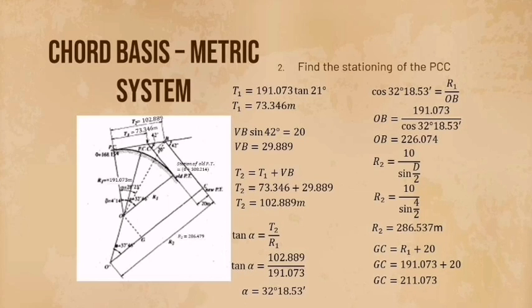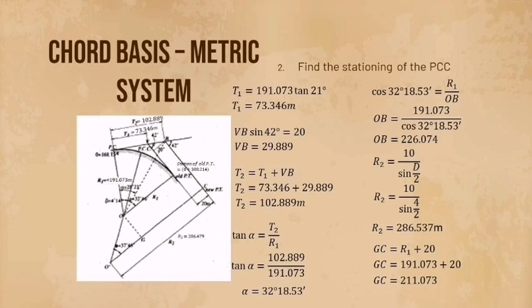Again, the tangent distance is equal to 191.073 tan 21 degrees, or our radius 1. And if we compute that, we'll get the answer of 73.346 meters. Our VB does not change, its value always stays at 29.889.